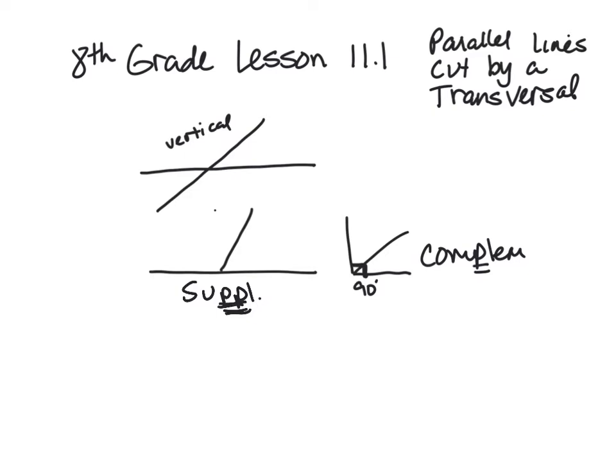That's how I sorted it out in my brain. Supplementary angles and vertical angles are both coming back at you in this lesson as tools that you will use, so I wanted to bring those back to the forefront of your brain.